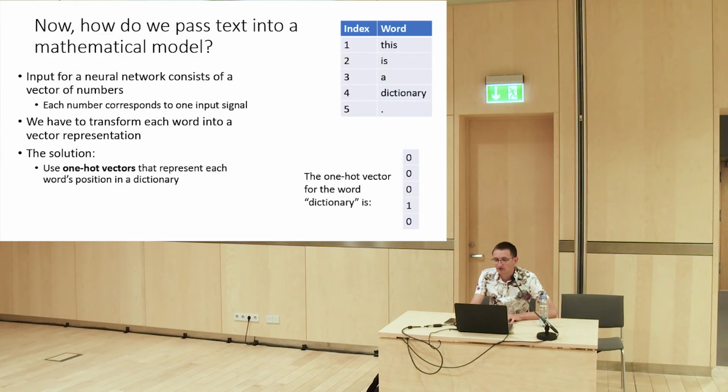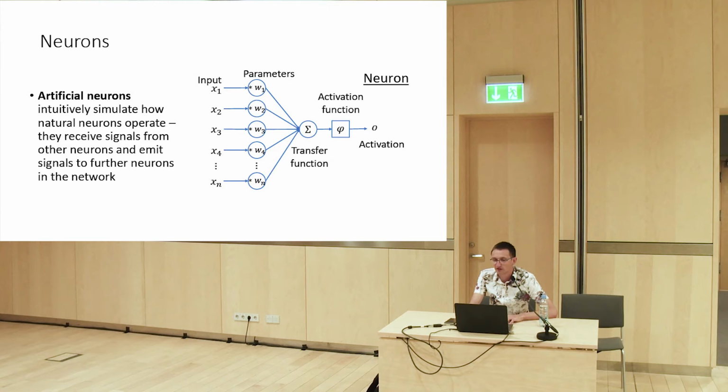So an obvious question you probably ask yourselves is, how do we pass a text into a mathematical model? We can't actually multiply a word with a decimal number. So school times 0.1 would not make any sense.